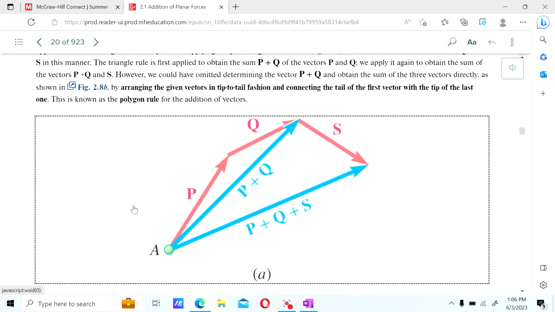In this case, p and q form this resultant, and p plus q plus s goes from the origin of the vectors to the endpoint. So PQS could be the curvature of a shuttle, for instance.